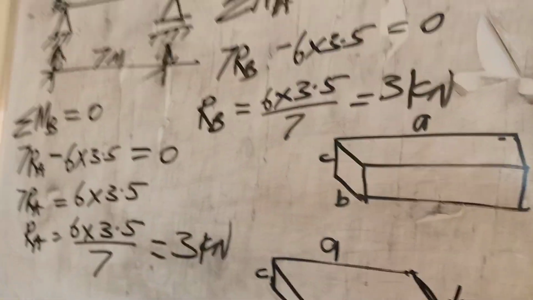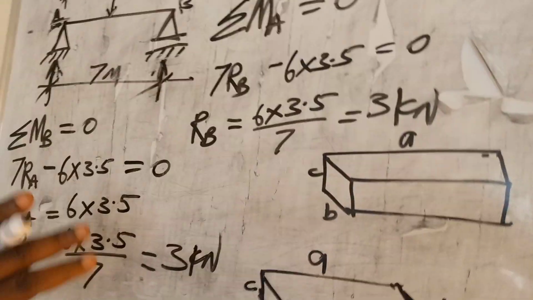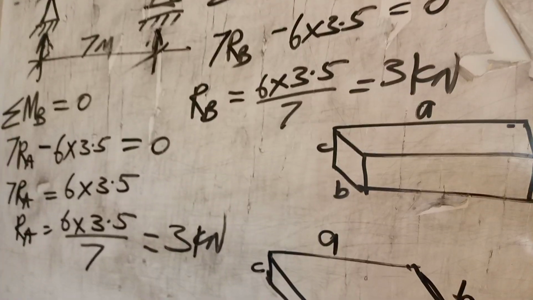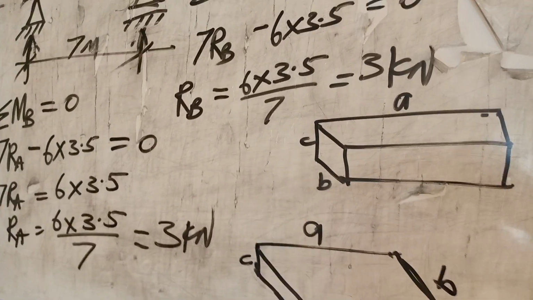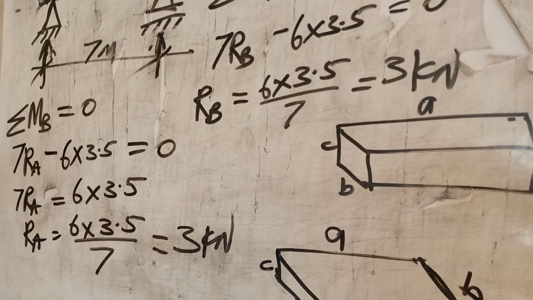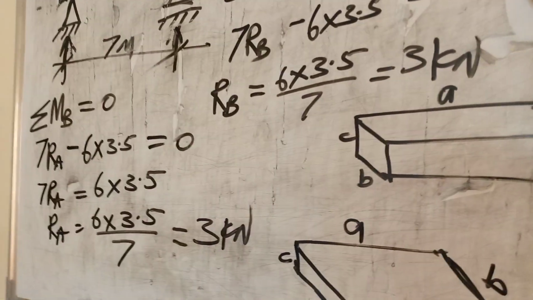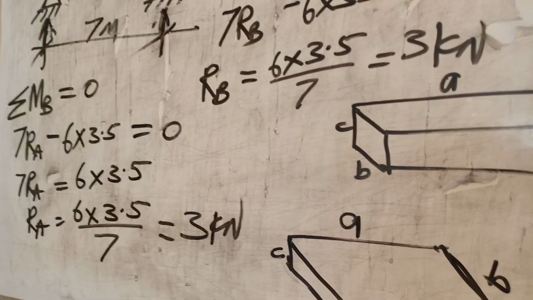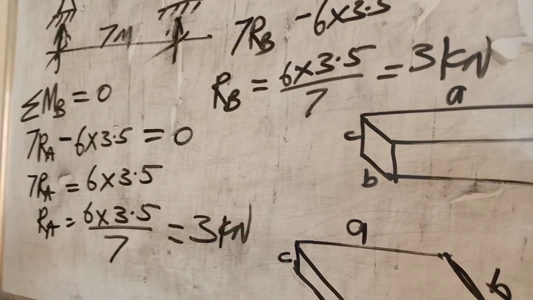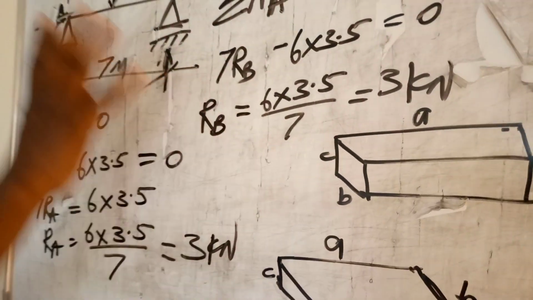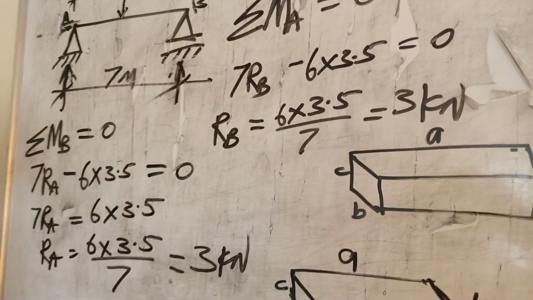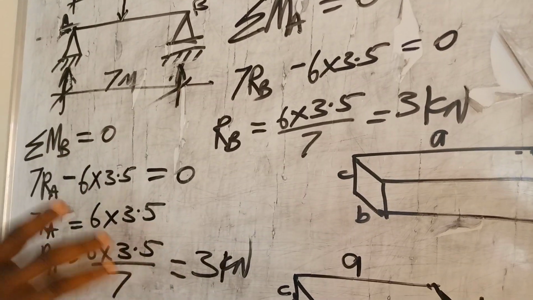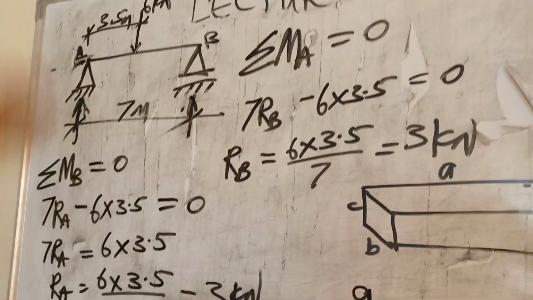Now, after doing this kind of calculation, it's good to make what is called a check or control. You check to know whether you made a mistake, because you can make a mistake. Since you have taken moment about B to find reaction A and about A to find reaction B, the way to check is to add vertical forces.